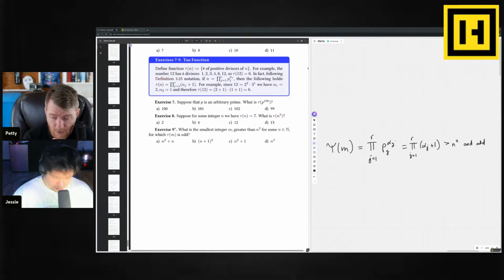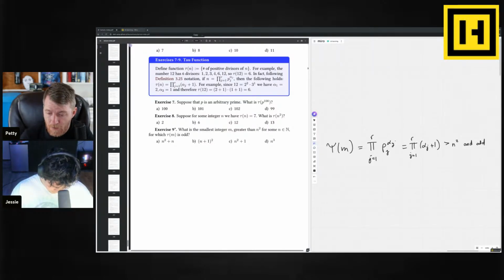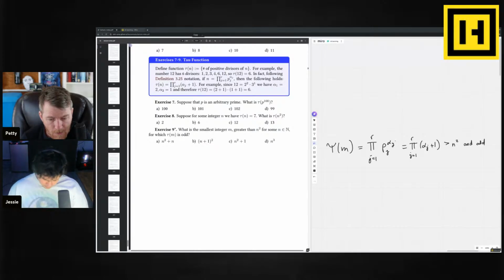Come on, brain. It's written wrong. It's just m is greater than n plus 1, but the tau of m is odd. Hold on, I'm not listening to you. What does it mean for the tau of m to be odd? The number of positive divisors.